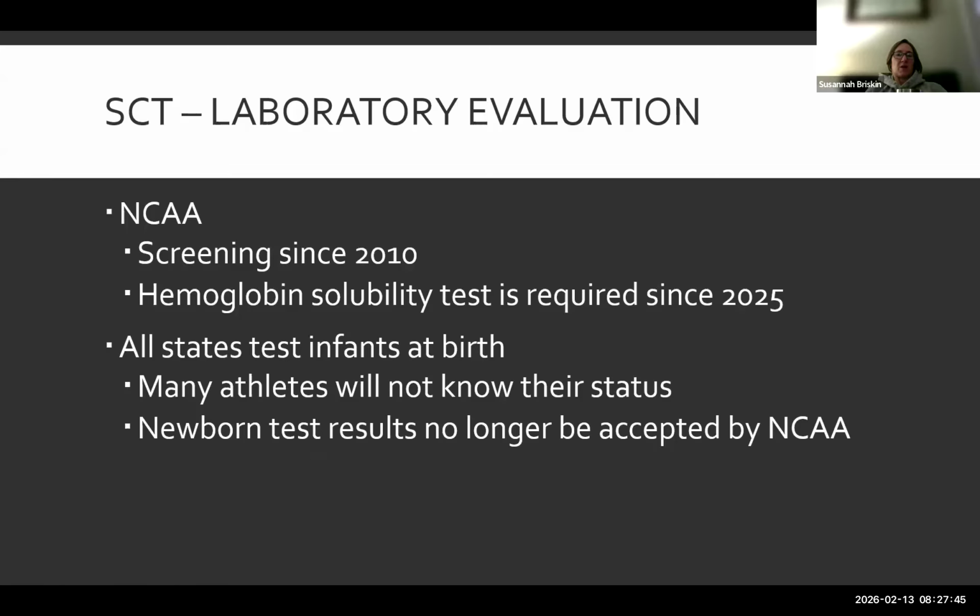You have to turn in a copy of a recent hemoglobin solubility test. I'm not sure why they changed the rule. The hemoglobin solubility test is not expensive, but it does require people to have access to healthcare in order to get it done. So now people have to show up and have a test within the last year to turn in, and they will no longer accept newborn screens.